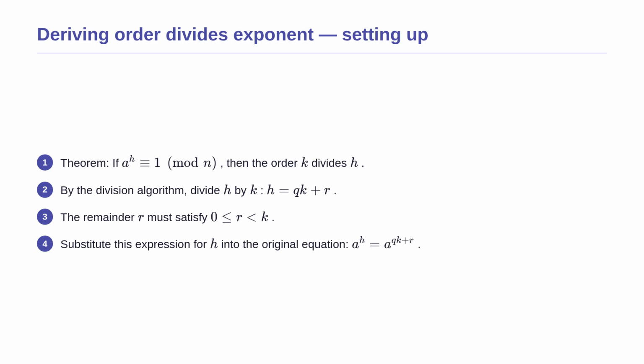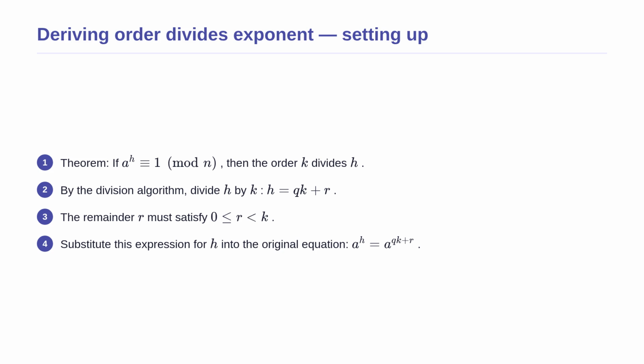Now that we have successfully used the formula and seen the visual loop, let us understand a crucial theorem about how the order behaves. The theorem states that if a raised to some random large power h leaves a remainder of 1 modulo n, then the order k must perfectly divide that exponent h. Let us prove this step by step.